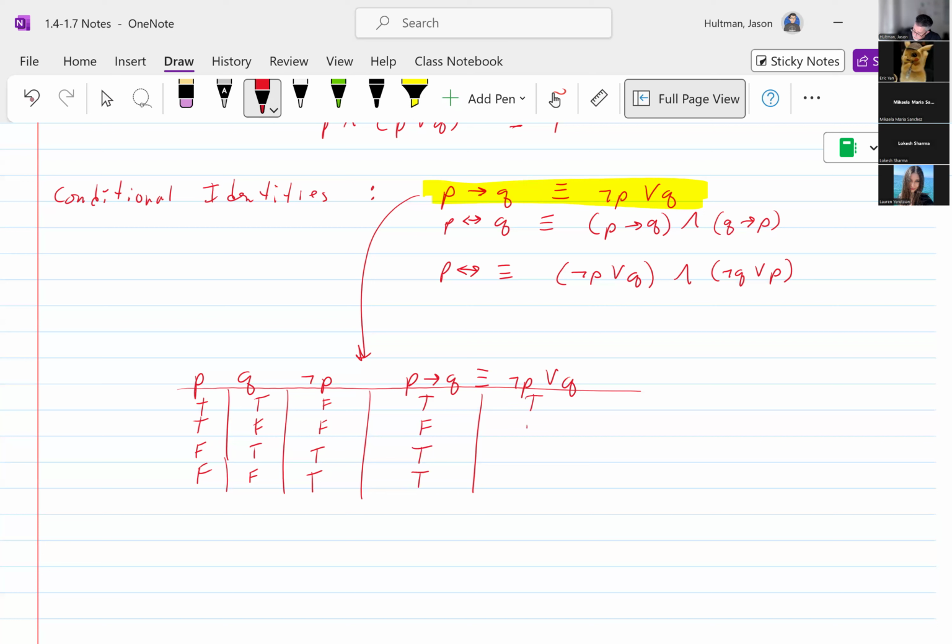False or false is false. True with true is true, true or false is true. So they are logically equivalent.